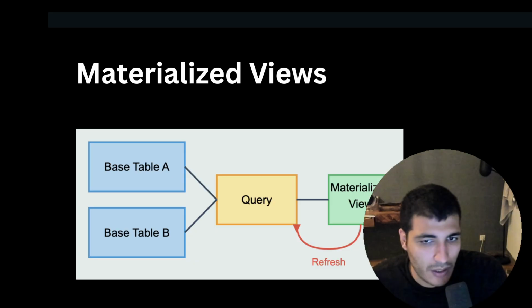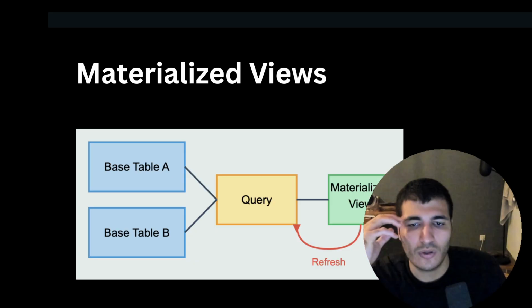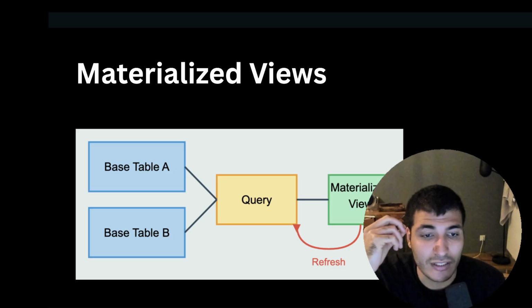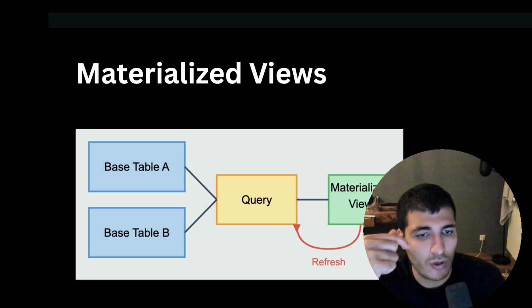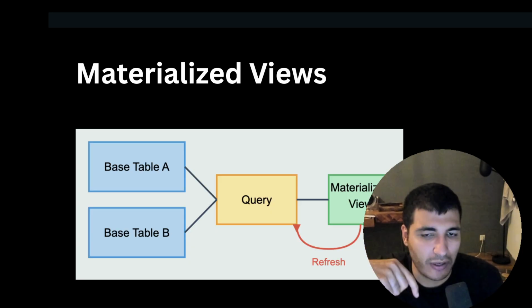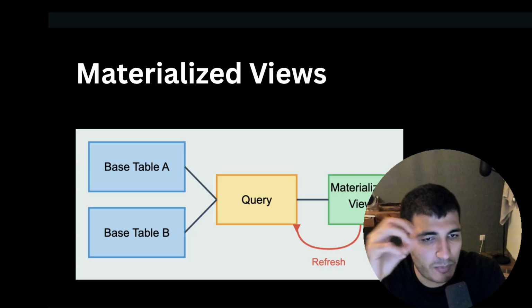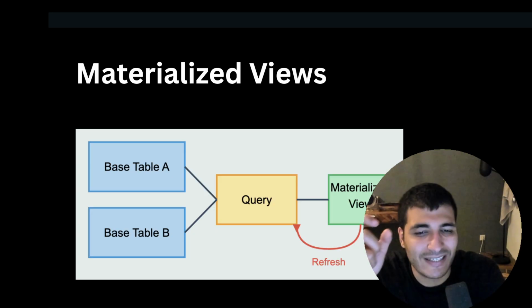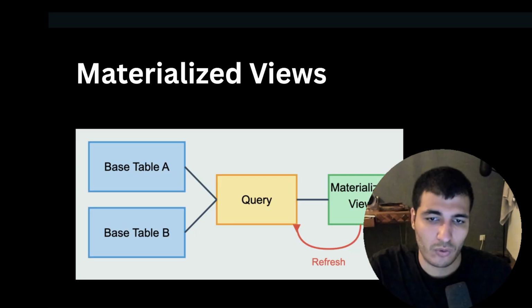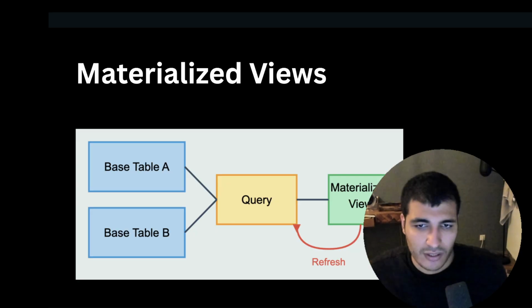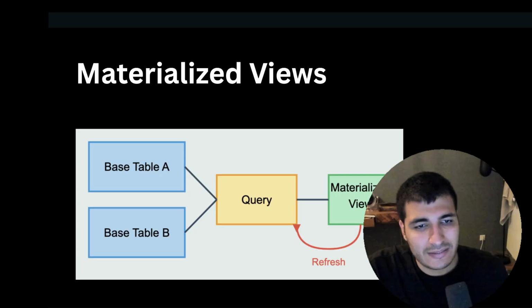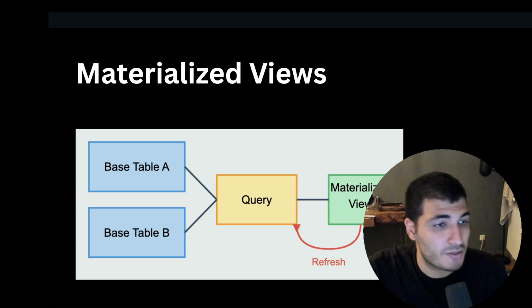aggregation every time. Materialized views need to be refreshed to reflect changes in the underlying data. This refresh can be done manually at specific intervals or automatically using schedules or events, depending on the database system.